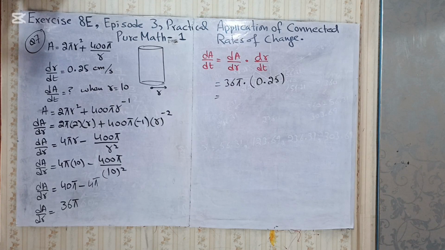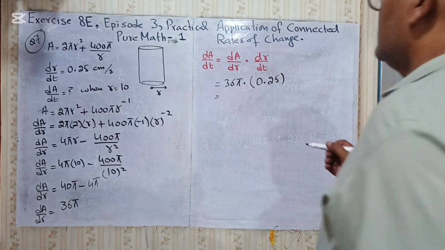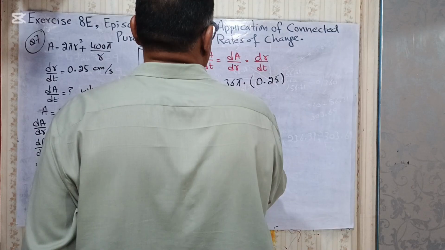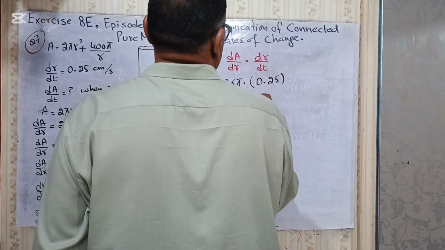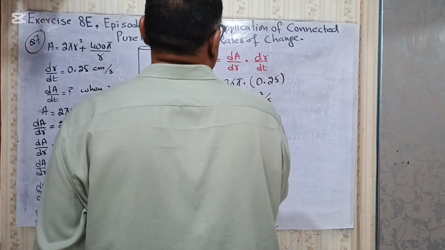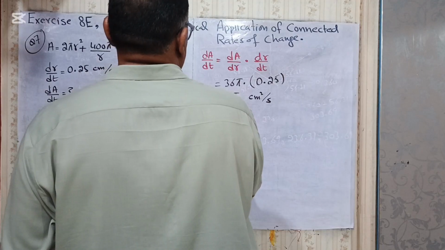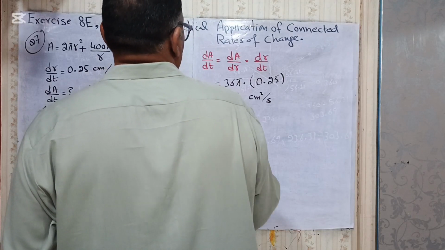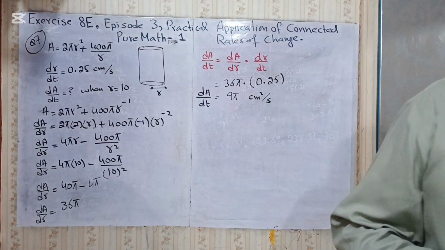So it will be 9. So it's 9 pi. So it will be 9 pi centimeter square per second. So dA by dt will be equal to 9 pi.